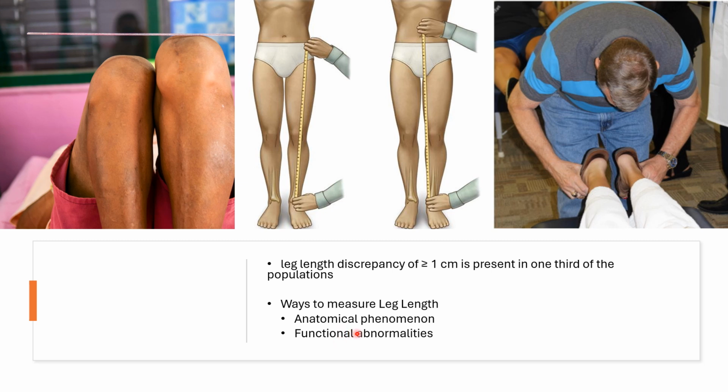If it is the anatomical phenomenon, which means that in this case, for example, right here, one leg is longer than the other side because the growth of the bone, for whatever reason, is different from one side to the other, then making this a big deal, that your spine adjustment can fix this, or fixing the spine to correct this, may not be a reliable way of looking at that.